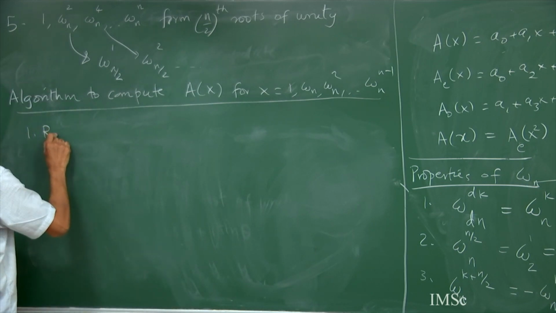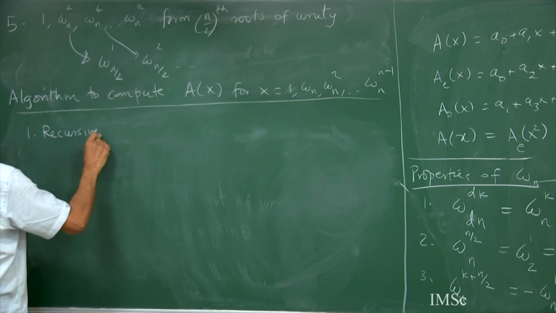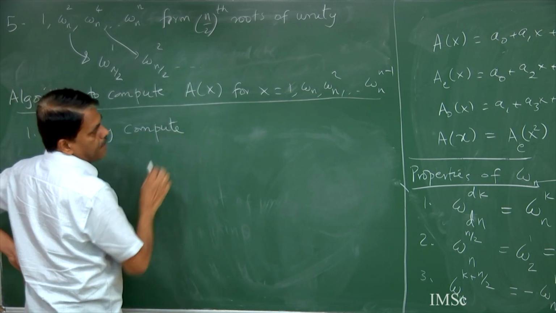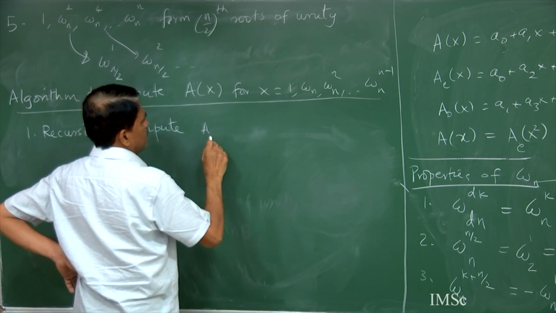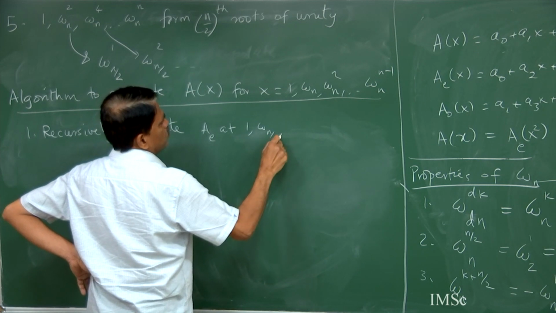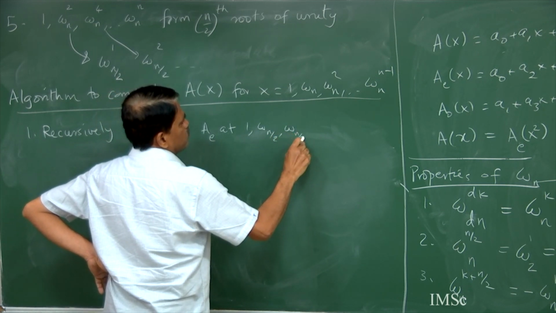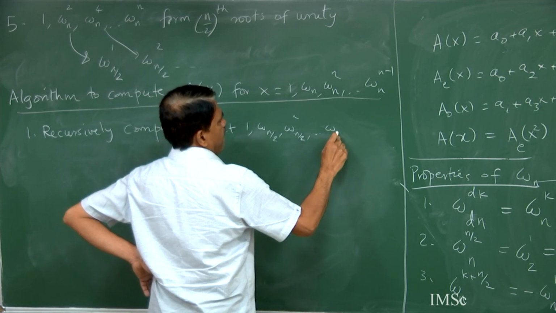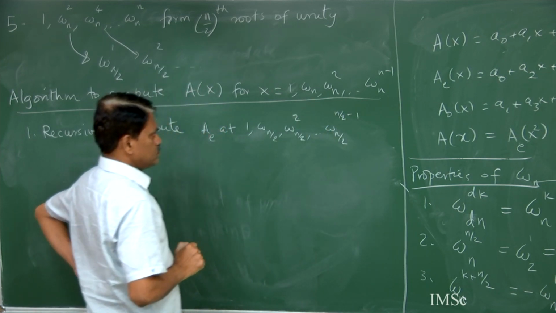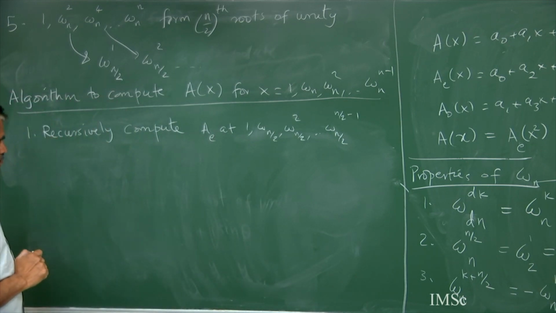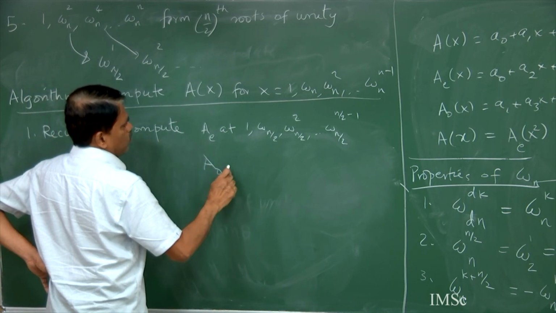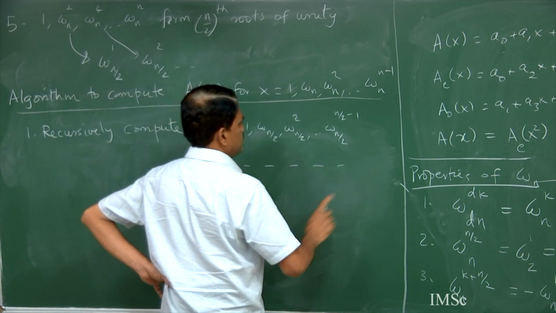Step 1, recursively compute AE at 1, omega n by 2 square, and also A at these points.